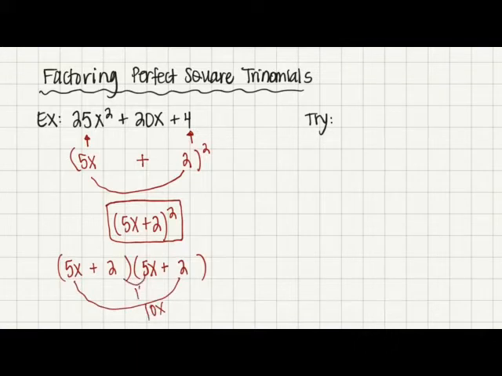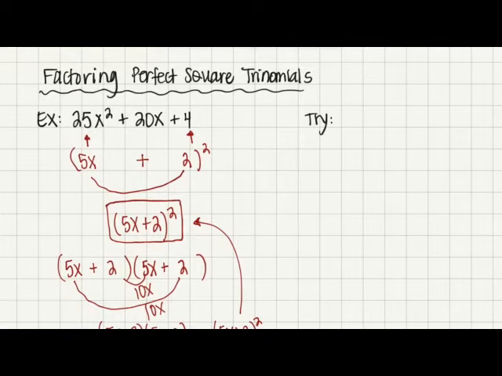The outer is 10x, the inner is 10x, and that gives us 20x. Therefore, our answer is 5x plus 2 times 5x plus 2, which is the same thing as 5x plus 2 quantity squared, which is what we have right there. Much easier if you can recognize your perfect square trinomials though.